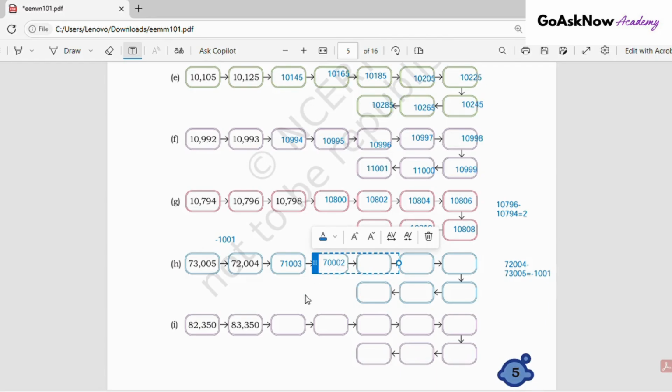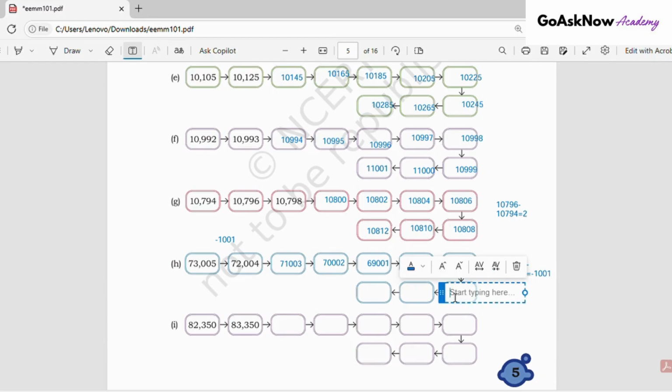70,002. 70,002 minus 1,001 is 69,001. 69,001 minus 1,001 is 68,000. Then 68,000 minus 1,001 is equal to 66,999. 66,999 minus 1,001 is equal to 65,998.